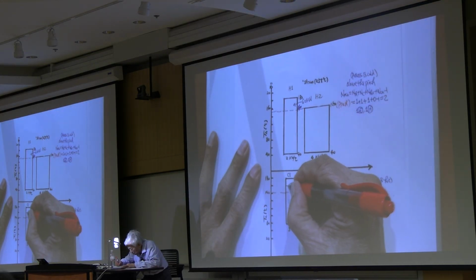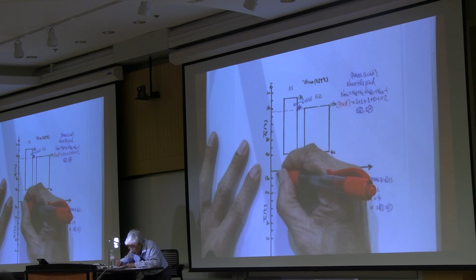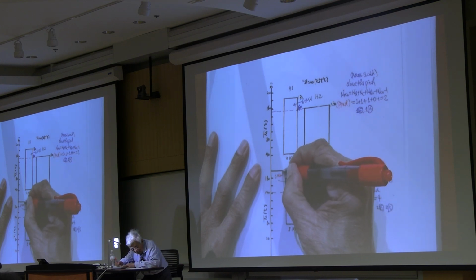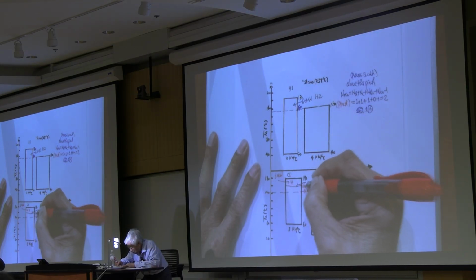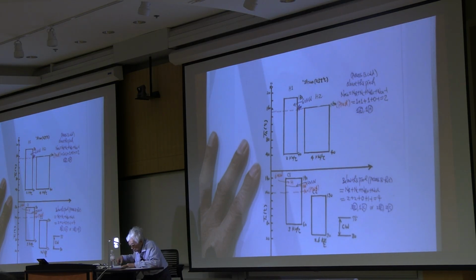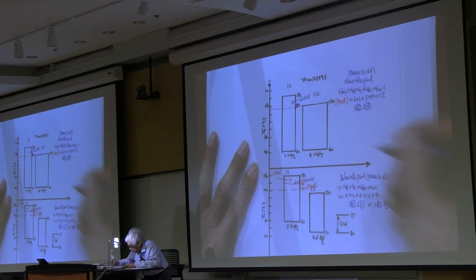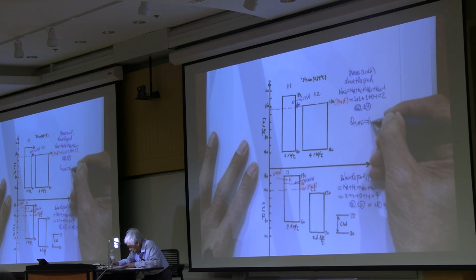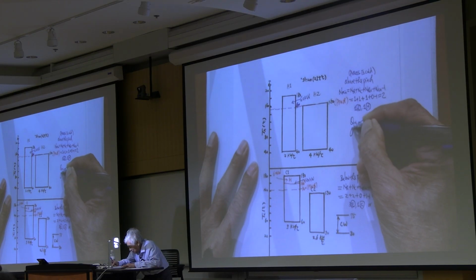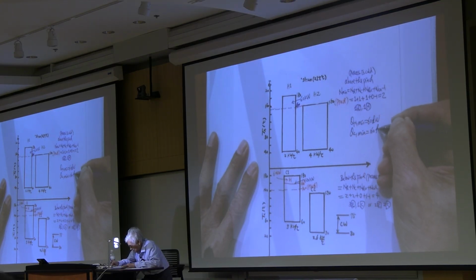So H, 60 kilowatt, 160 degrees. QH min 60 kilowatt, QC min 160 kilowatt.